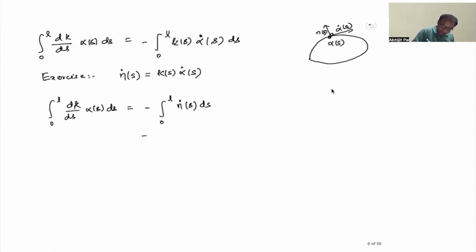This is equal to minus of n(L) minus n(0). Again alpha(0) is equal to alpha(L), so the normal vector at that point will be equal. So this is equal to 0. Therefore we have proved the subclaim.